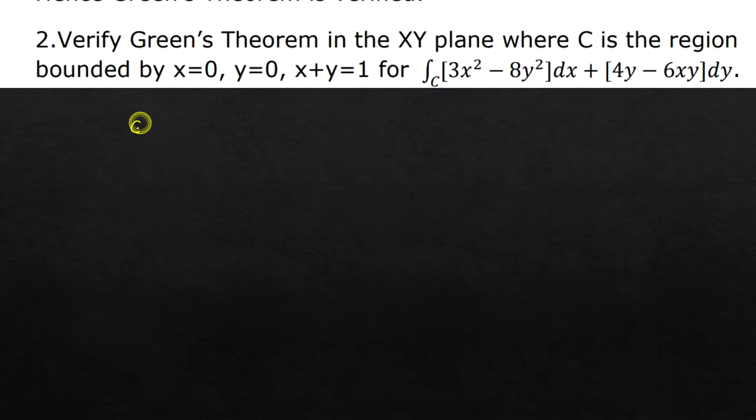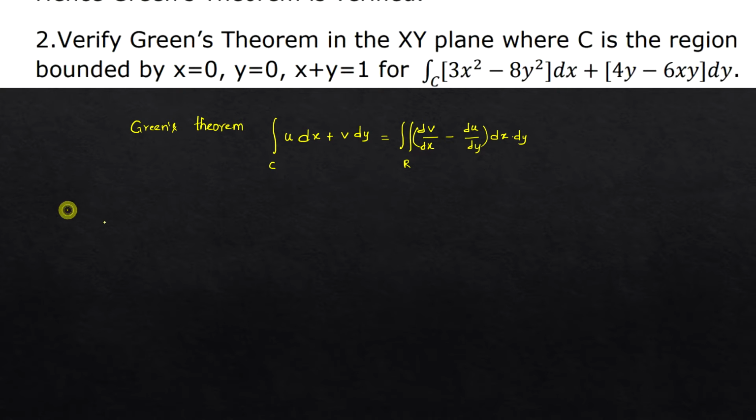Green's theorem states that the integral over the closed loop of u dx plus v dy is equal to the double integral over the region R of (∂v/∂x minus ∂u/∂y) dx dy.